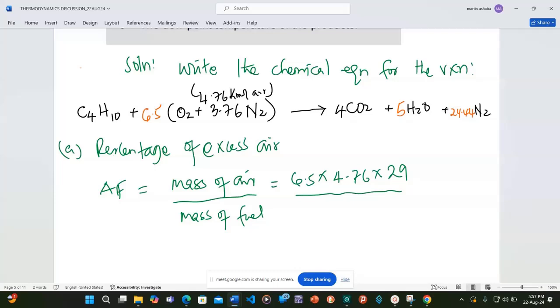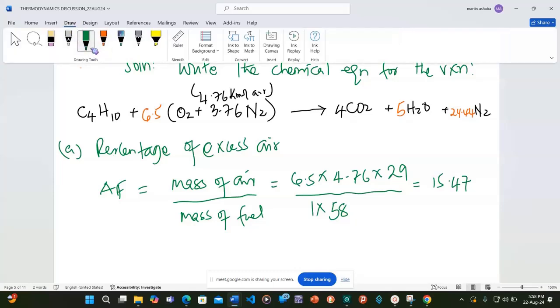So the molecular mass of butane is going to be C4, that is 4 times 12, that is 48, plus 10, we shall have 58. But how many moles do we have here? Theoretically, it's 1, so times 58. So I get 6.5 times 4.76 times 29 divided by 58, and we have 15.47.